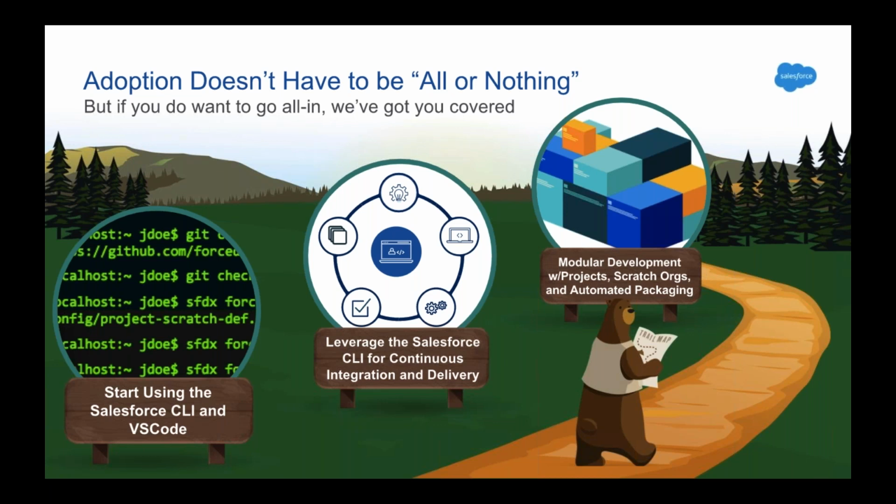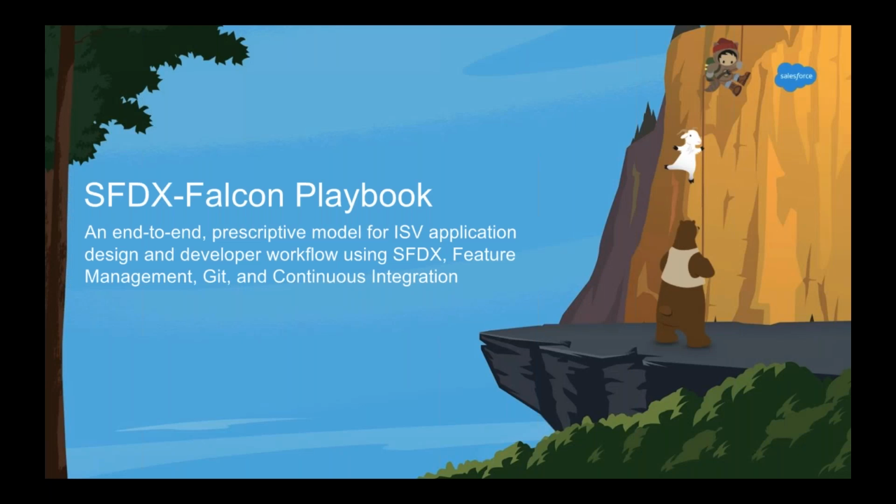But that all-in option, there hasn't really to this point been a good model for that, especially for ISVs. And that's actually what we want to address with the work we're doing today.